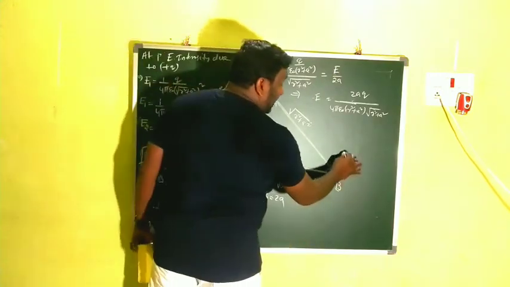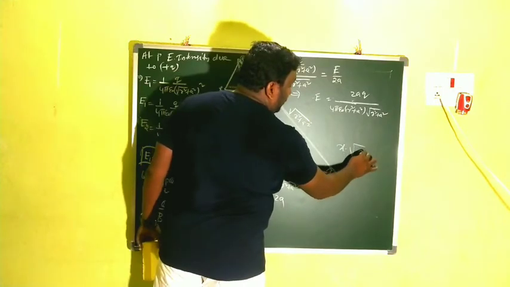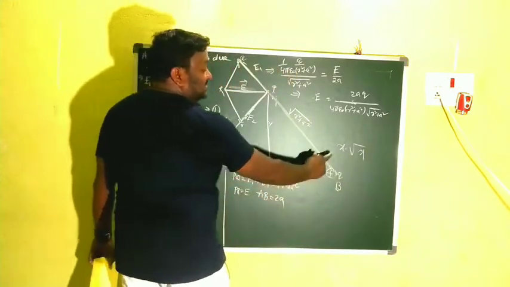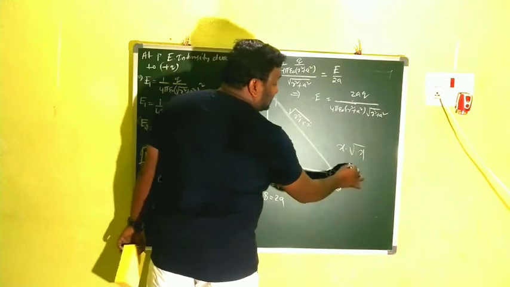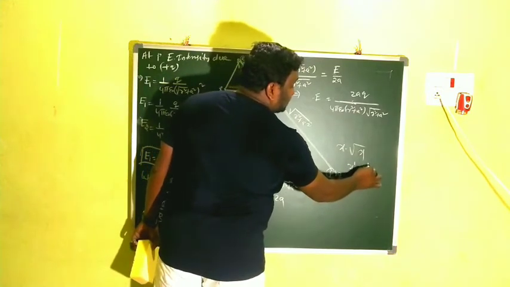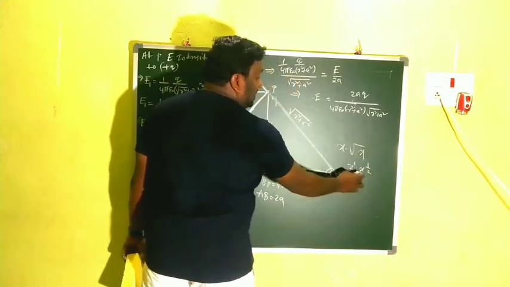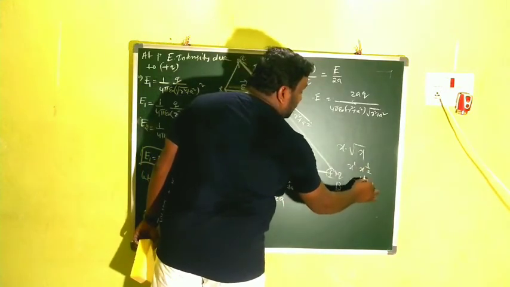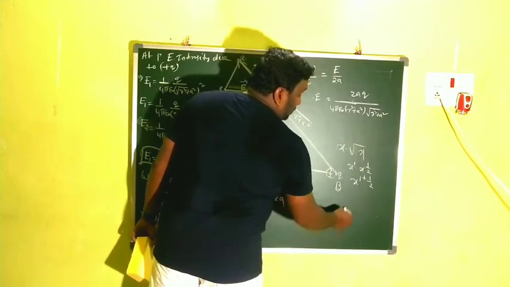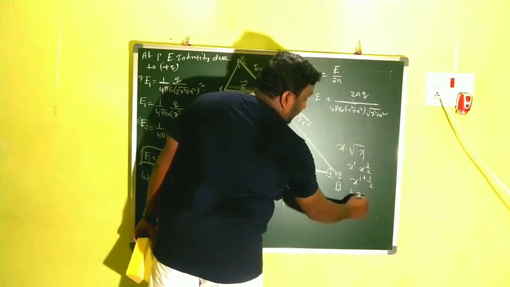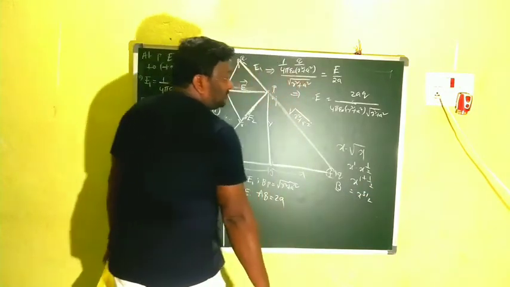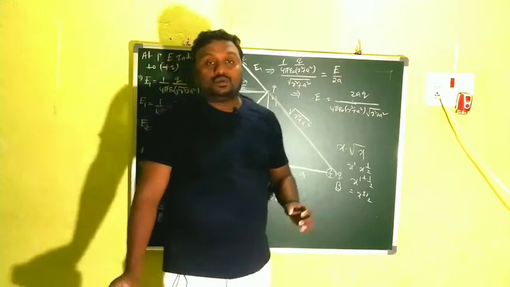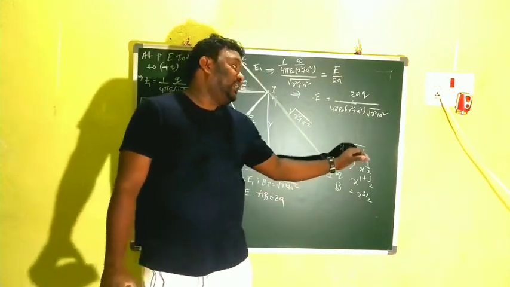Children, if you have x into root of x, that means x power of 1 into x power of 1 by 2. Here bases are equal, so we have to add the exponents. Then x power of 1 plus 1 by 2, that means x power of 3 by 2.